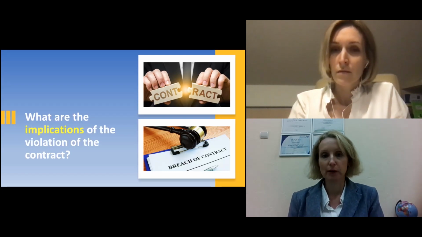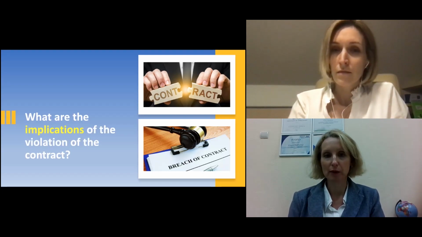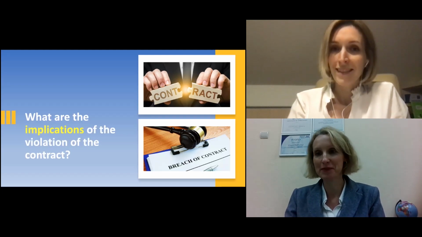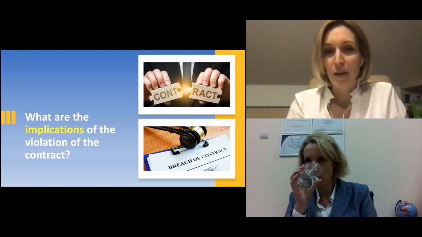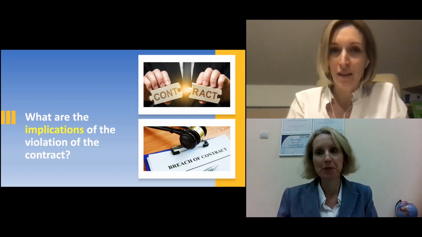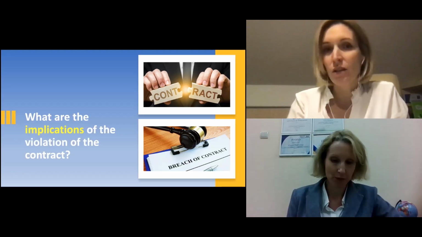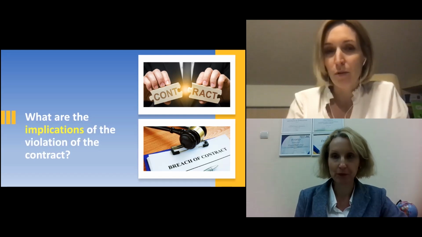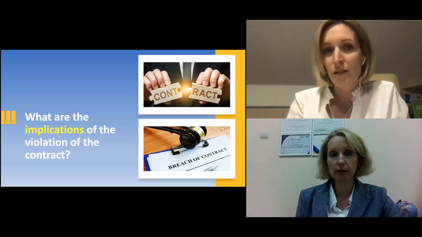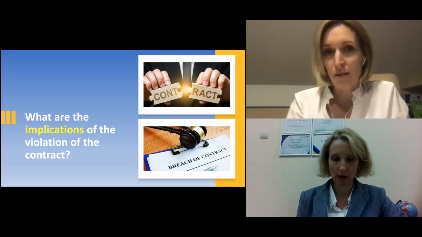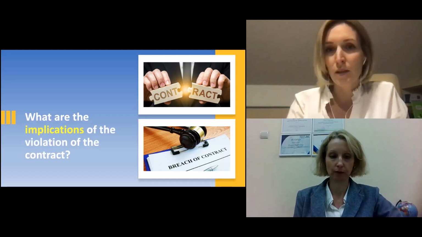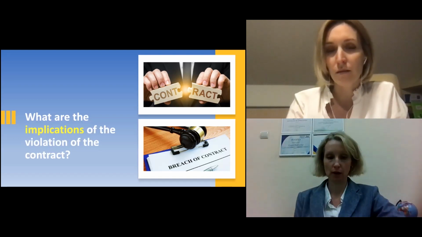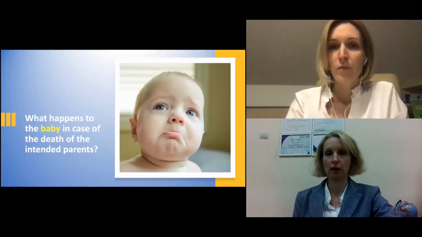But as I already told, I wish everybody that the contracts are strictly followed. That is why we check everything, the beginning, the intentions, how both sides understand the process correctly, and to avoid all these unpleasant moments in the process.